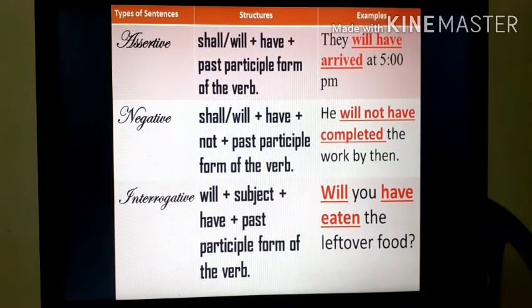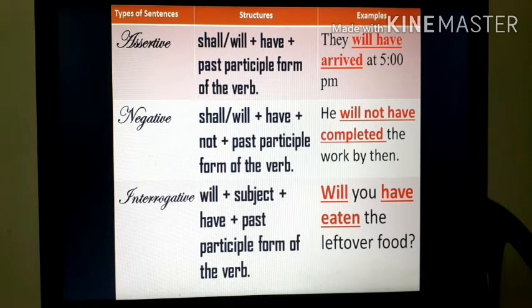Here goes the structure of future perfect tense in the assertive, negative and interrogative sentences. In assertive, the structure for future perfect tense is shall or will plus have plus the past participle form of the verb.